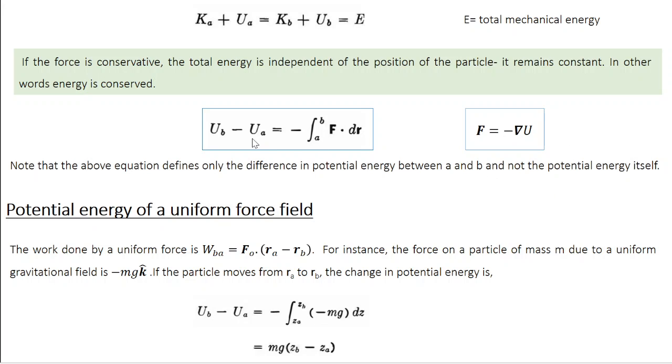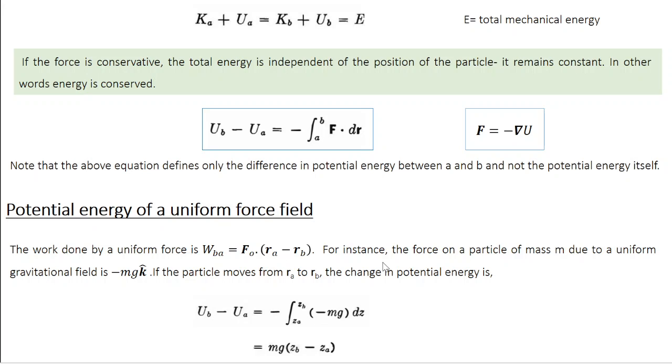Now, having defined the expression for potential energy, let's quickly calculate potential energy for some of the common forces, starting with a uniform force field. Okay. So we already know that for a uniform force, the work done is path independent, and the expression is given by WBA equal to F naught dot (RA minus RB). So you can see work done depends on the distance between the initial and final points, and not exactly on the shape of the path as such.